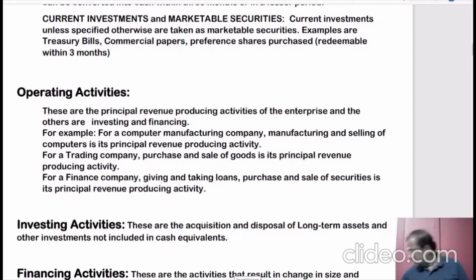Okay, so based upon this, we need to classify the organization into two, basically: is it a financing company or a non-financing company? Let us get into the non-financing company, maybe the manufacturing one or the trading one. In the case of a manufacturing company, for example, a computer manufacturing company, what could be the operating cash flow?